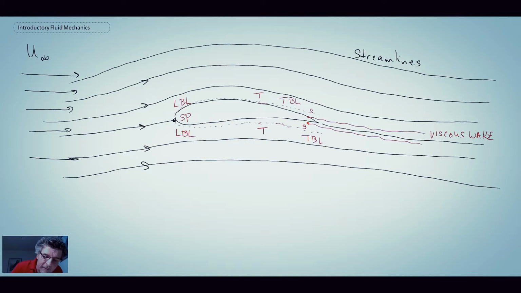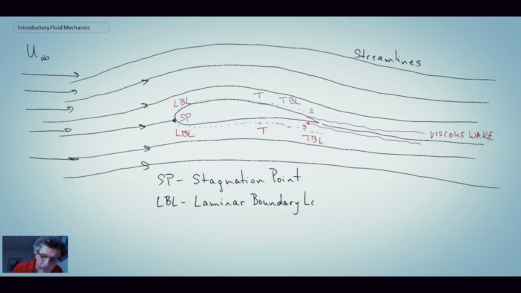And so to begin with, the acronyms, we have SP, that refers to stagnation point. LBL refers to laminar boundary layer. T refers to the transition point.